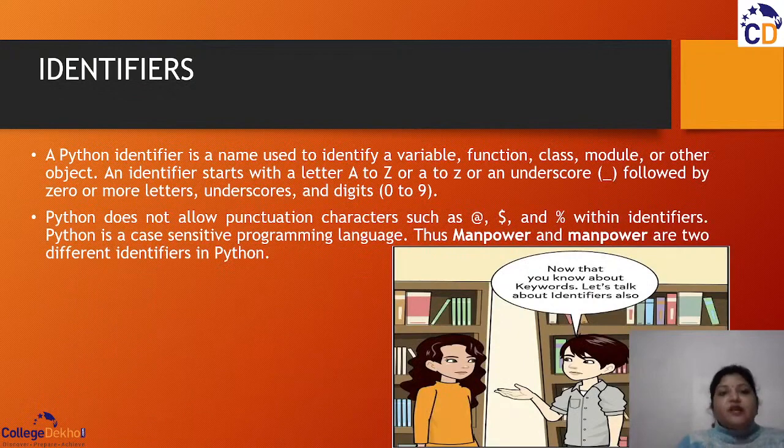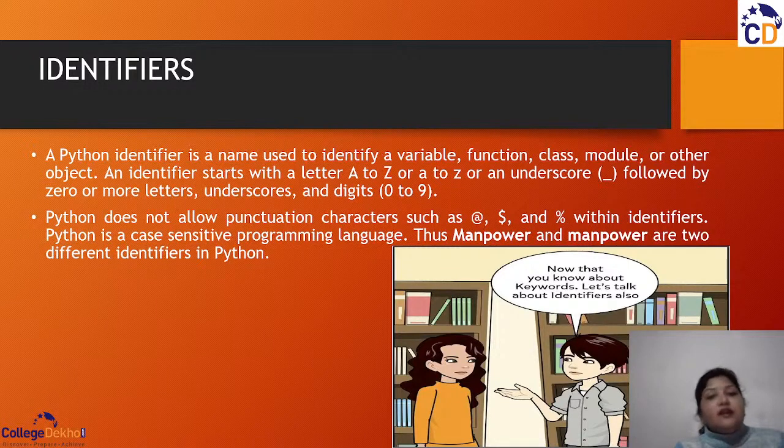Second, we have understood about identifiers. An identifier could be a variable, a function, a class, or a module. But there are some rules for defining these identifiers. You cannot define them with irrelevant names.